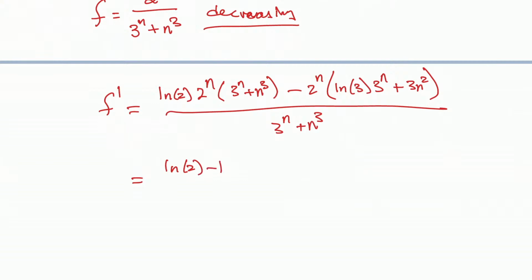I'm going to do some really quick simplification: natural log of 2 times 2 to the n times 3 to the n, which is 6 to the n, plus natural log of 2 times 2 to the n times n cubed, minus natural log of 3 times 2 to the n times 3n squared, all over, this should be squared, (3 to the n plus n cubed) squared.